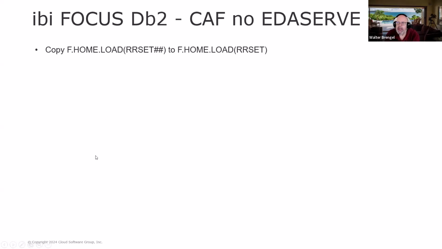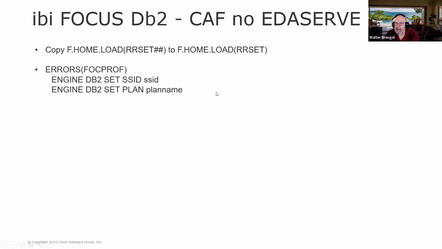So if you're doing DB2 12, like we've been talking about, you will copy RR-set 12 back into the same library, but you're just going to call it RR-set with no number. You still need FOC_PROF to set your SSID and plan, but that's the only difference. Instead of creating the edit-serve, you copy the RR-set version number to a generic no-numbered RR-set.